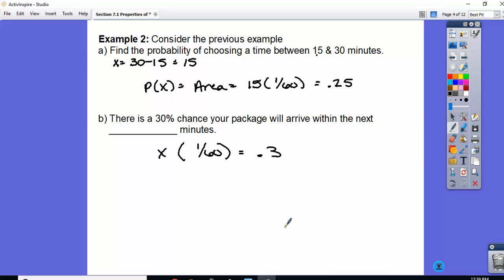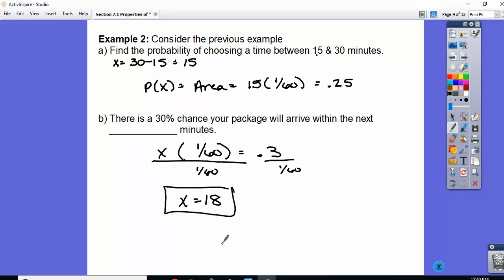So you got the 1/60th as the height. Are we with that? Okay. So divide by 1/60th or multiply by 60. So there is a 30% chance that you will get your package in the next 18 minutes.